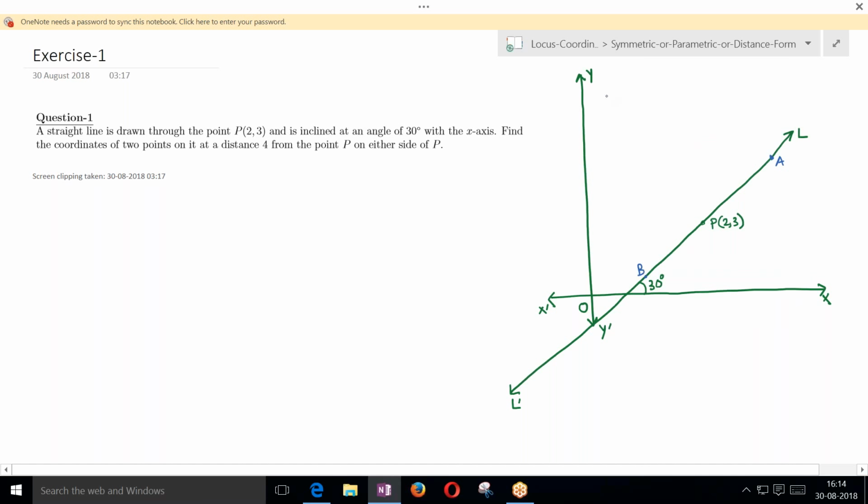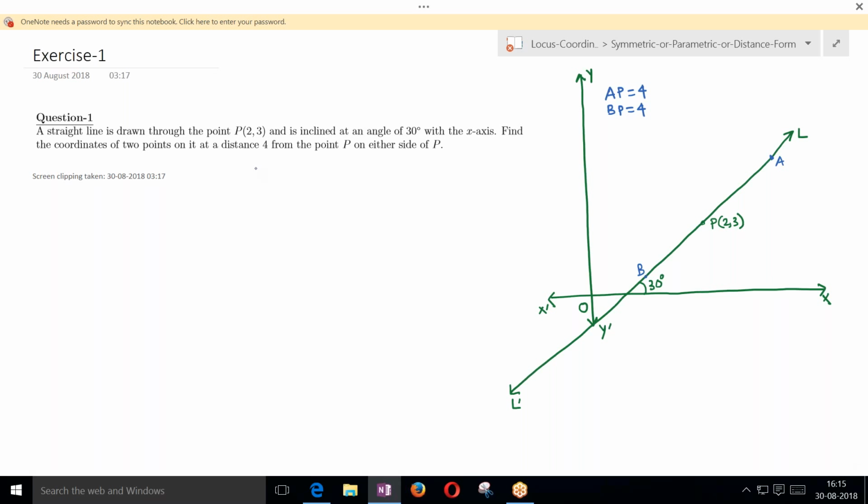That means AP is equal to 4 units and BP is also equal to 4 units. So what is our task? Our task is to find the coordinates of the points A and B. So now we need to apply the concepts we learned.